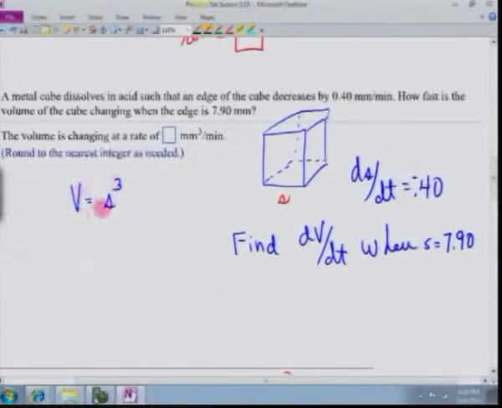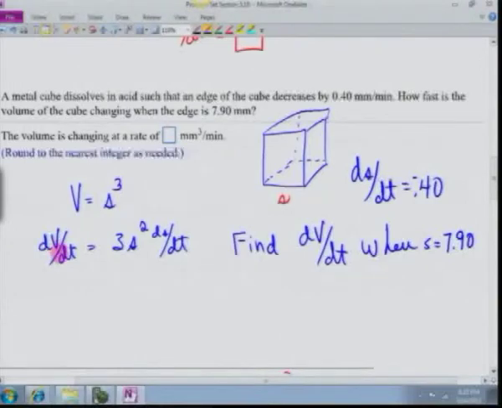All right. So here's our equation that relates all these things. We have a volume, we have a side. Let's take the derivative of this equation. We have dV/dt equals what? 3s squared ds/dt.